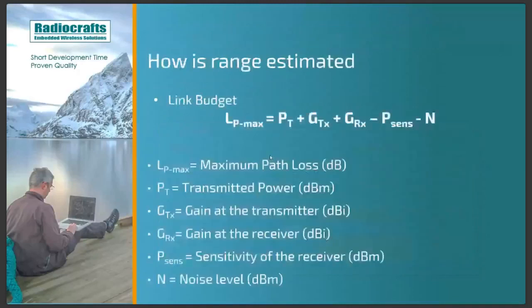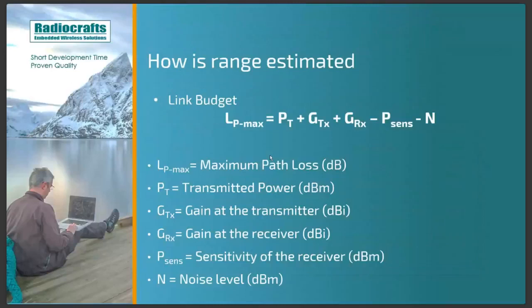Here I will try to be a bit light on the theoretical part, because there are a lot of papers and theoretical studies I could go into regarding range, but that was not my intention in this webinar. What we want to show here is what we call a link budget. That means the numbers which affect the link budget, or what you would call the path loss. The more path loss you can accept, the longer your range will be.